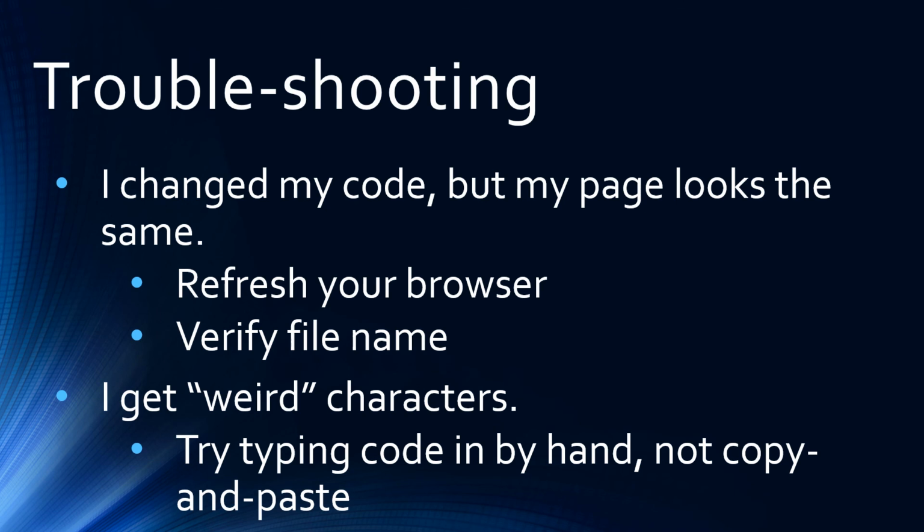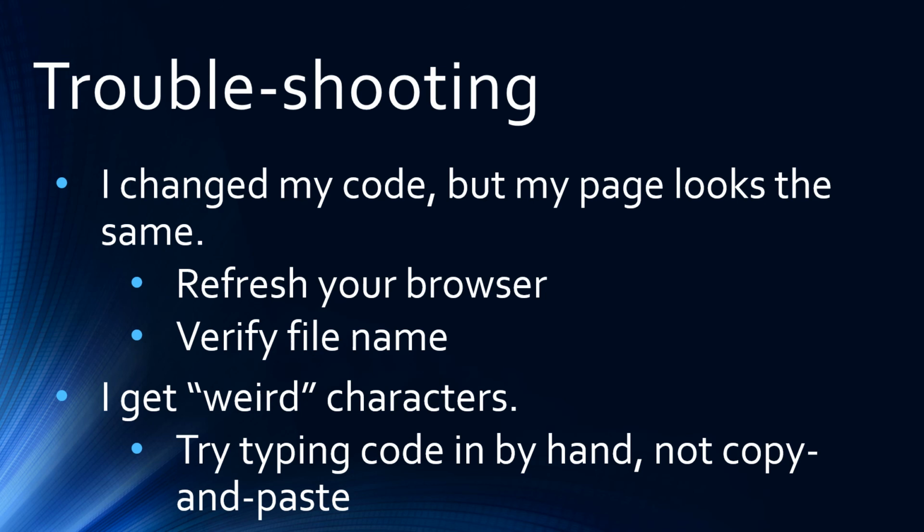Another issue that comes up quite frequently is this. The idea that you get what we'll call word characters. One of the number one reasons for this happening is my old favorite, copy and paste. Whenever I give you code and you're looking at it through PowerPoint, the problem is when you copy and paste it, a lot of the characters don't translate.